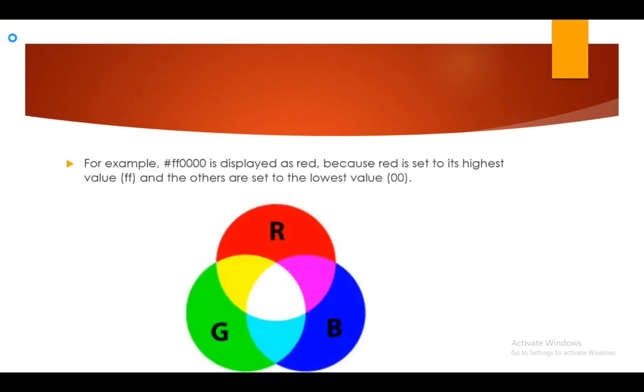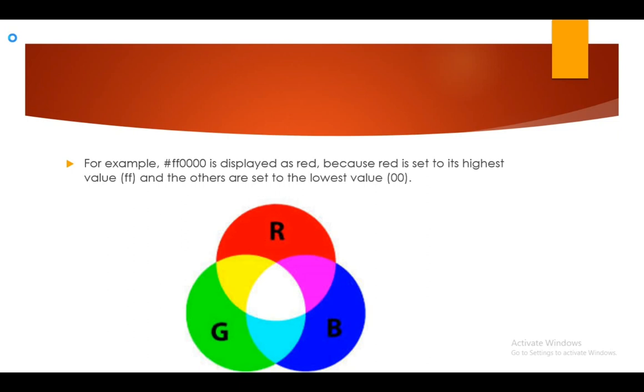For example, hashtag FF0000 is displayed as red, because red is set to its highest value FF and the others are set to the lowest value 00. Same for green, it will be hashtag 00FF00. It will display as green because green is set to its highest value FF and the others are set to the lowest value 00.